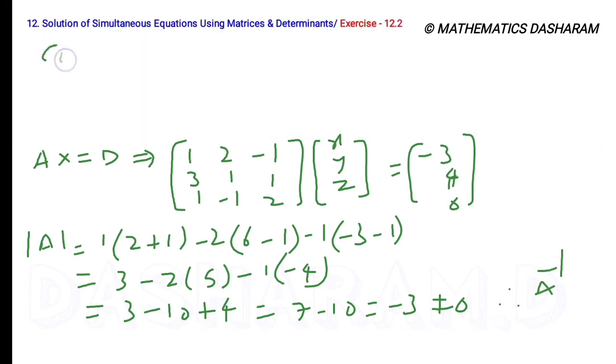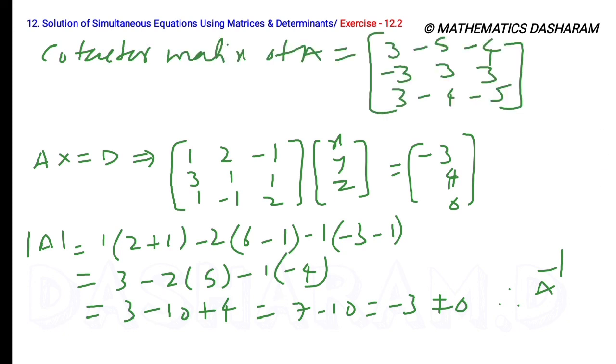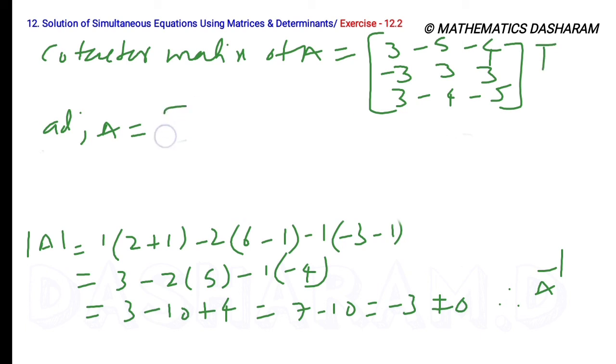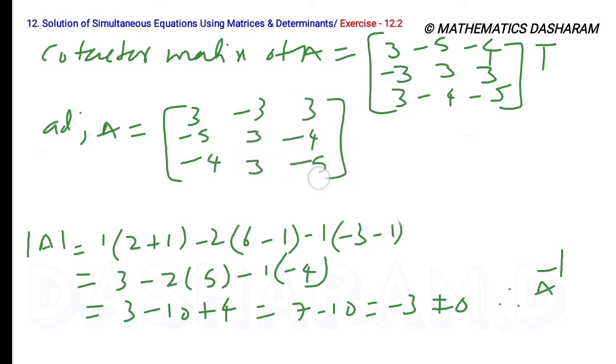Let's find out the cofactor matrix of A. So next, the adjoint matrix of A equals applying the transpose to the cofactor matrix. So that is 3, minus 5, minus 4, minus 3, 3, 3, 3, minus 4, minus 5.